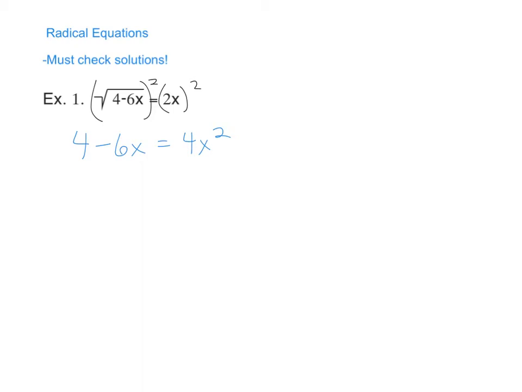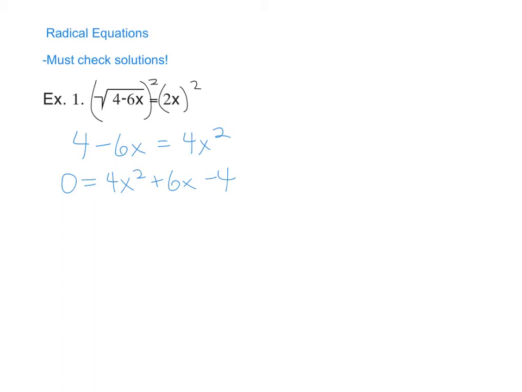At this point, do I have a quadratic, linear, or some sort of polynomial equation? Since I have that x squared, I have a quadratic equation. I'm going to want to set it equal to 0. Since this is a positive 4x squared, I'm going to bring these both over to that side. So I have 0 equals 4x squared plus 6x minus 4.